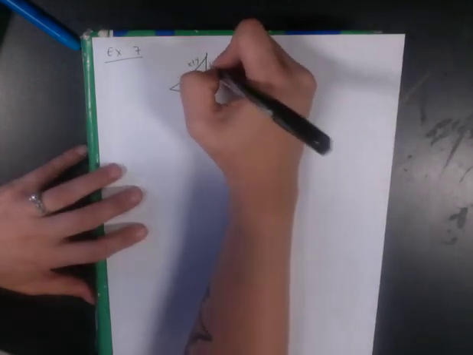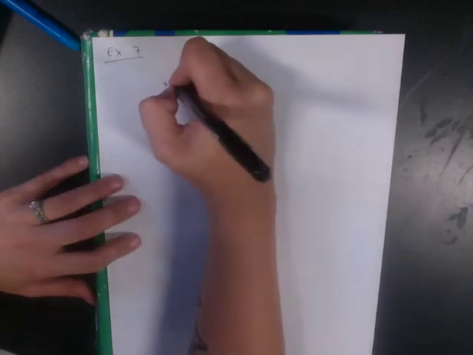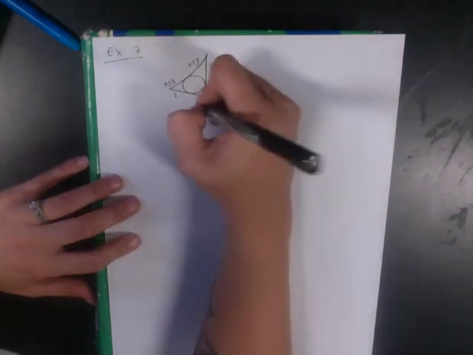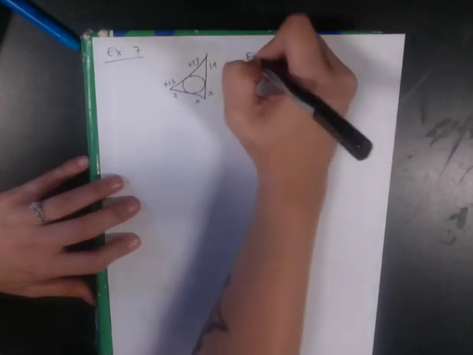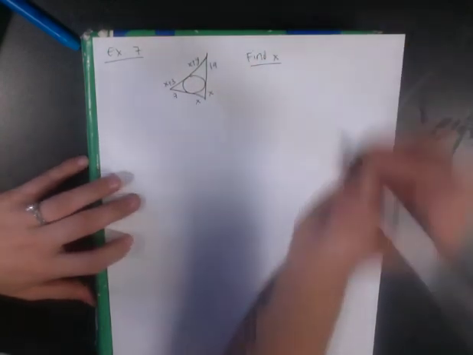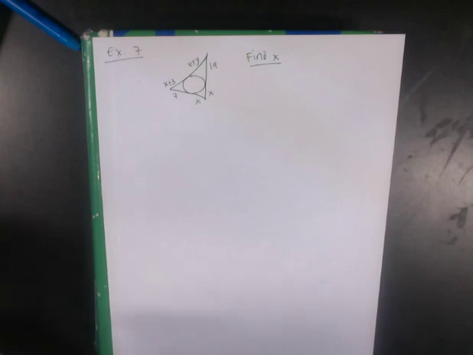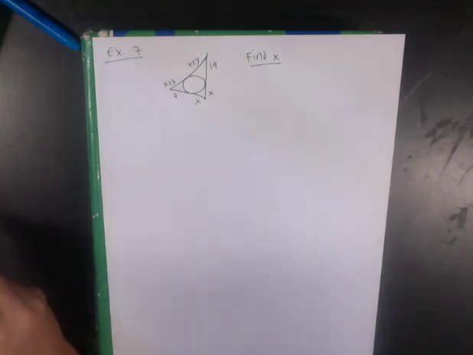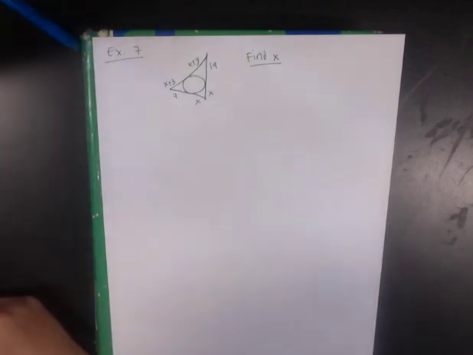That's x plus y, 19, x plus 3, 7, x, and x. I want you to find x. Solve that in your notes, and we will go over it in class next time. Goodbye.